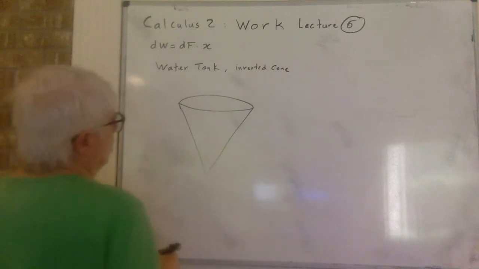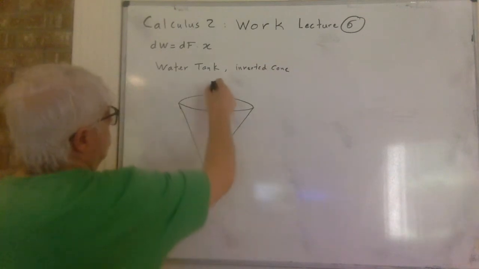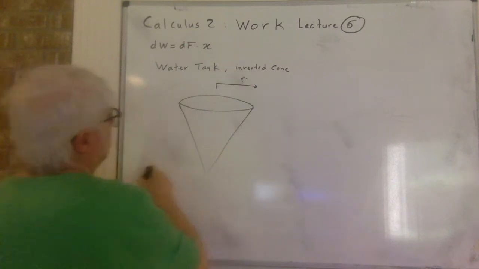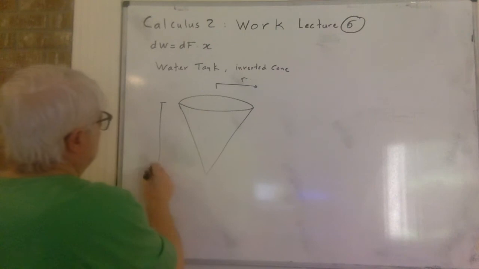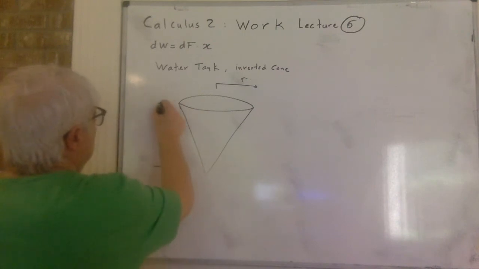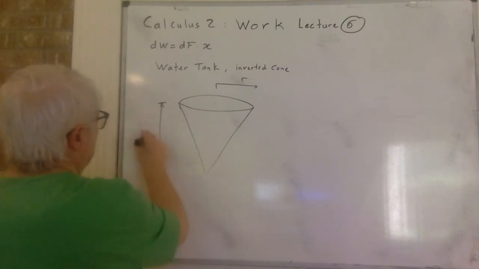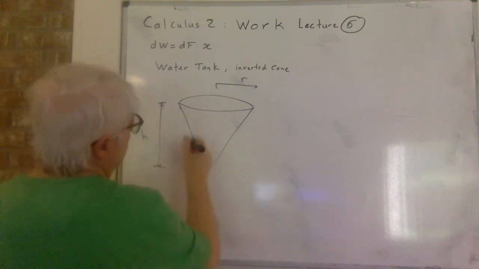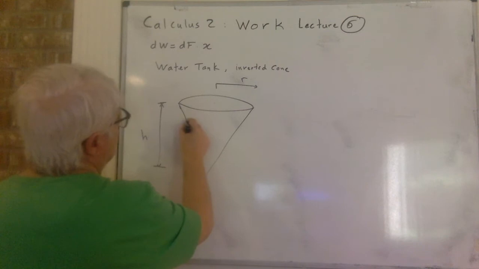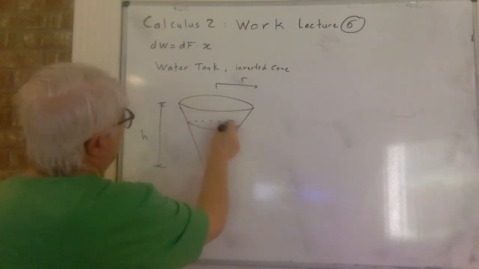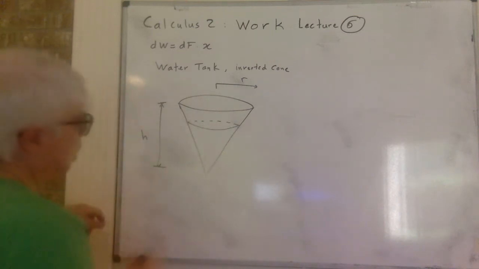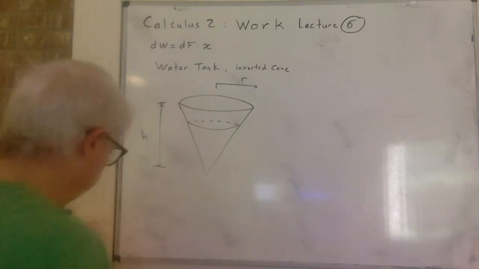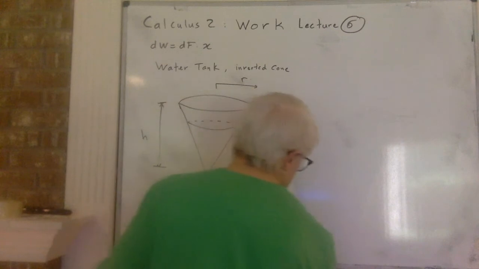This water tank has a certain radius here, and it has a certain height. It might be full, or it might be full up to some point. And we have a pump somewhere up here.